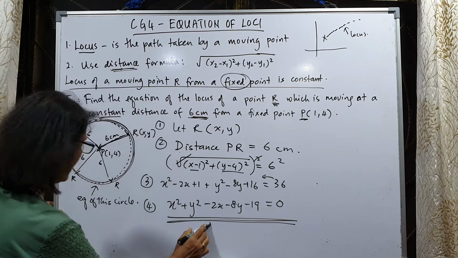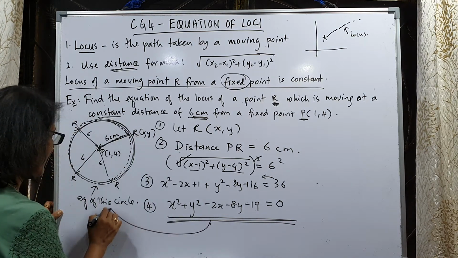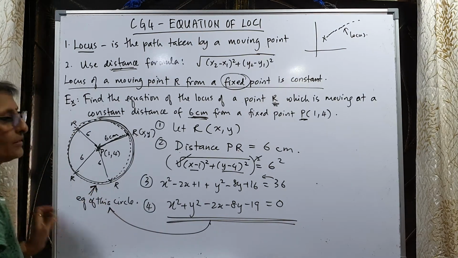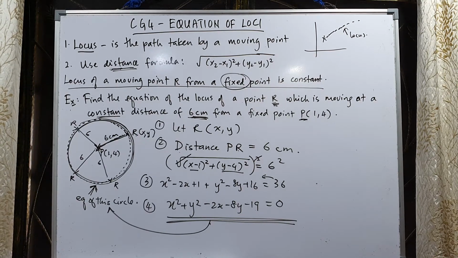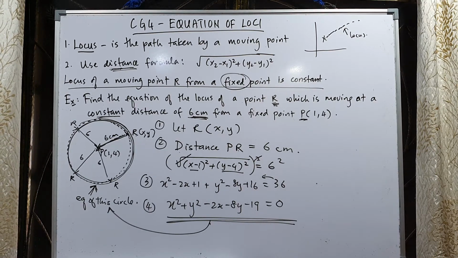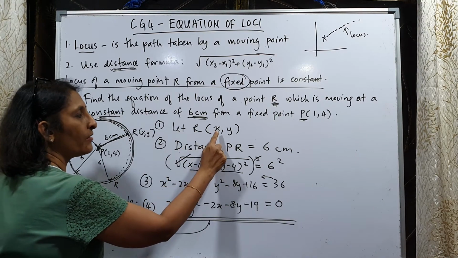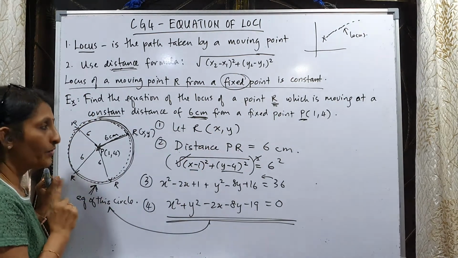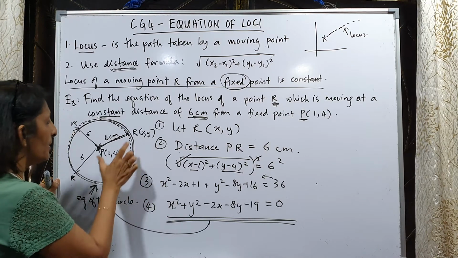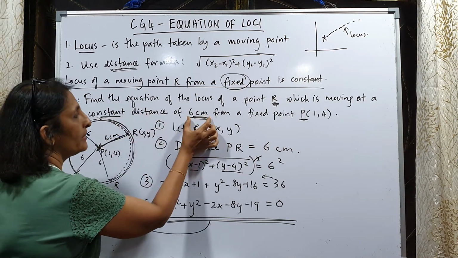So what we have found here is actually the equation of this circle. Okay, so that's how we find the locus of a moving point R. I repeat. Step 1, let the moving point have a coordinate of x and y. Don't forget. Step 2, look at the question and see what is given.